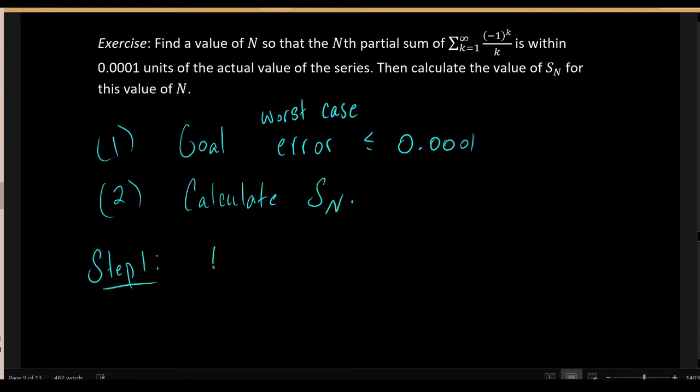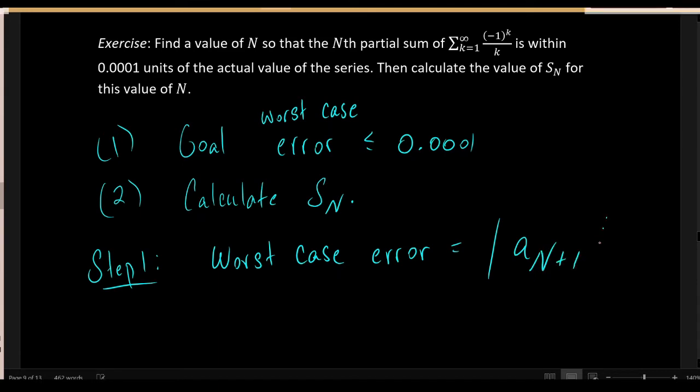Let's use the fact that the worst case error, the worst it could possibly be, is equal to the absolute value of the series at the very next step, a sub n plus 1. So let's plug capital N plus 1 in for the variable k in the formula for our sequence.